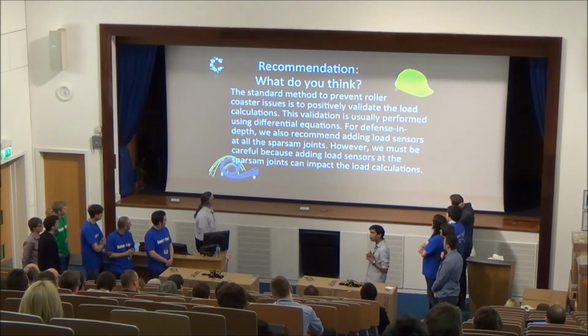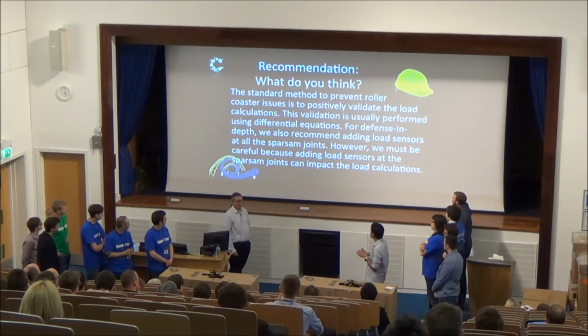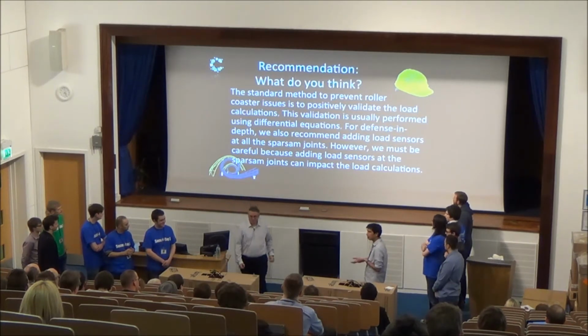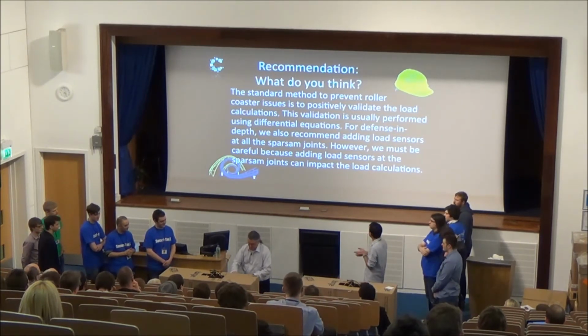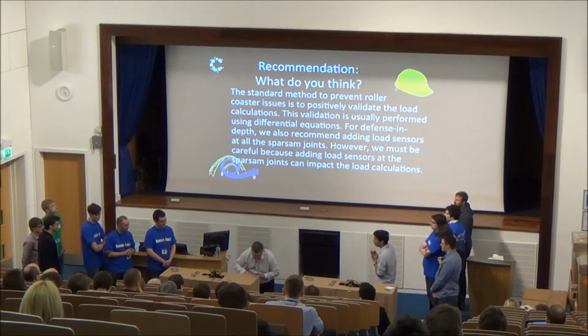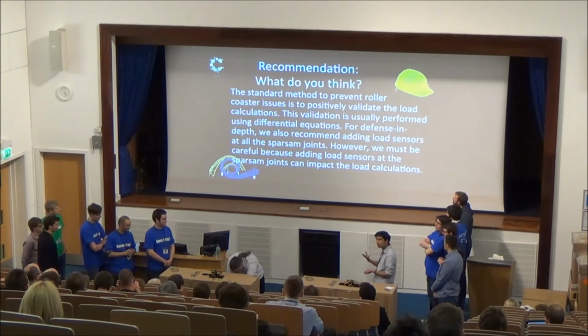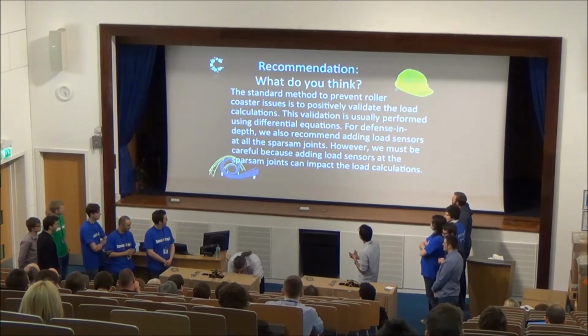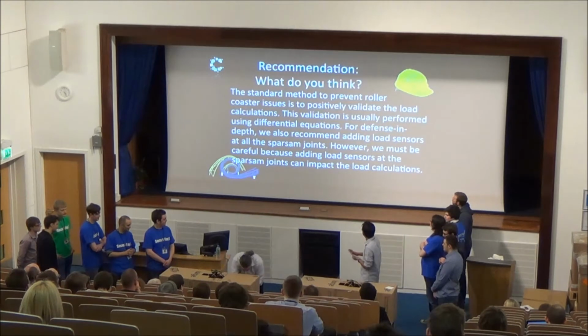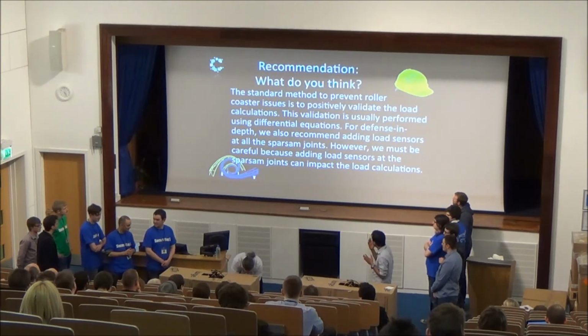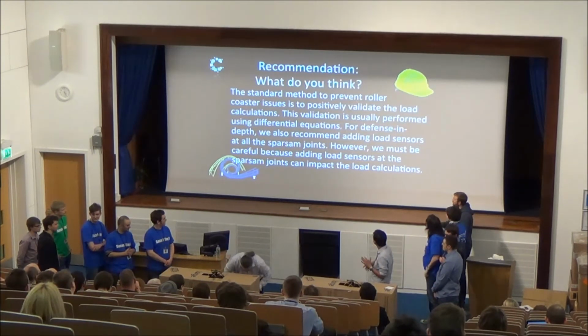However, you want to be careful while adding these load sensors, as they can again affect the load calculations, which were the cause of the problem in the first place. This recommendation has loads of stuff that I can probably do, but I have no idea how to solve the differential equations. I have no idea how to fix anything and make my system work.